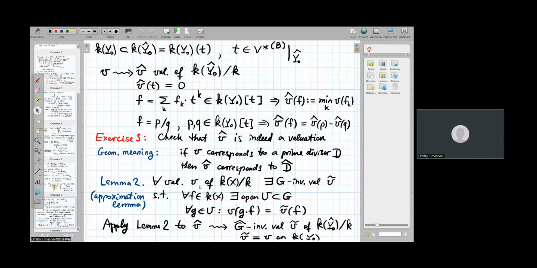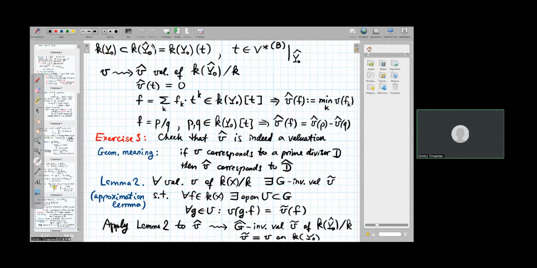this construction. We are starting with a field of rational functions on a spherical homogeneous space Y naught. We take Y naught hat, not check.